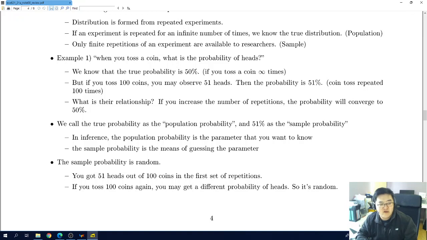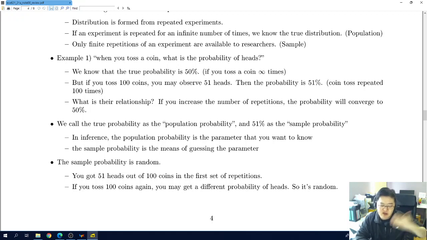Would you get 51% again? Of course not. When you redo the 100 coin toss, you may get 50% or 49% or 52%. Your result may be different. If you're lucky, you may get 51 again, but that is also a random realization.